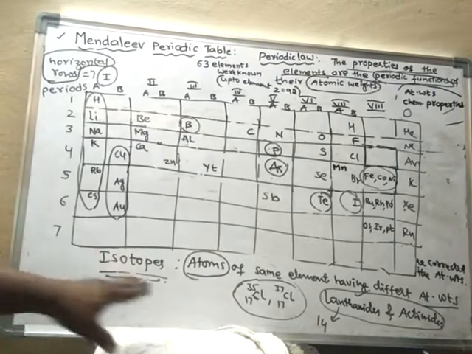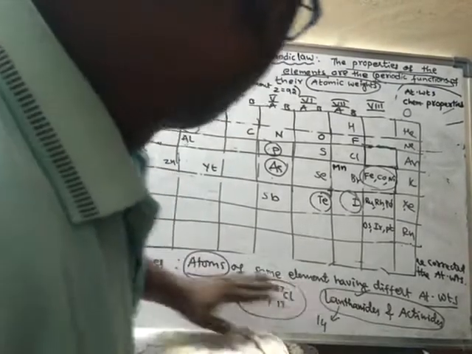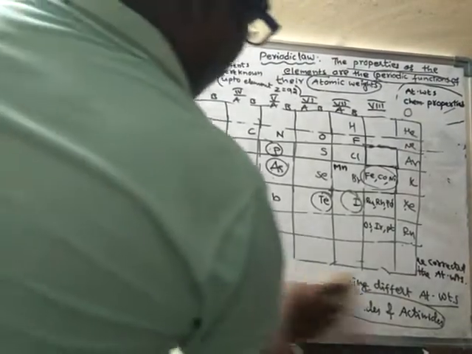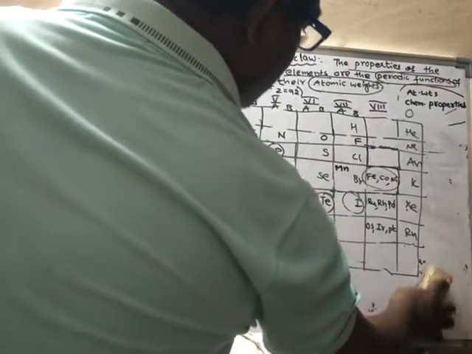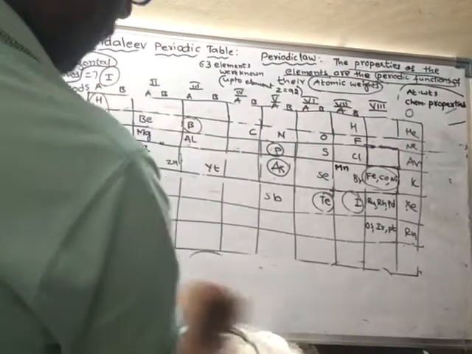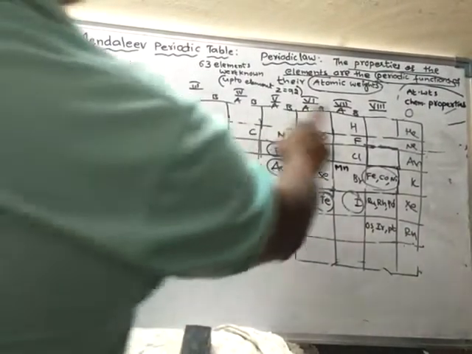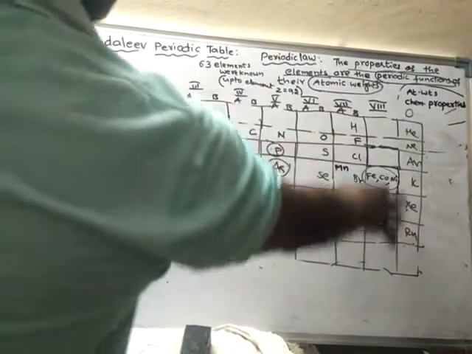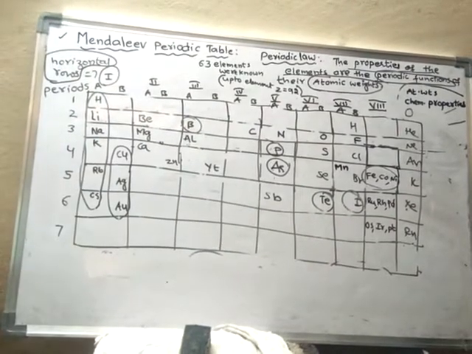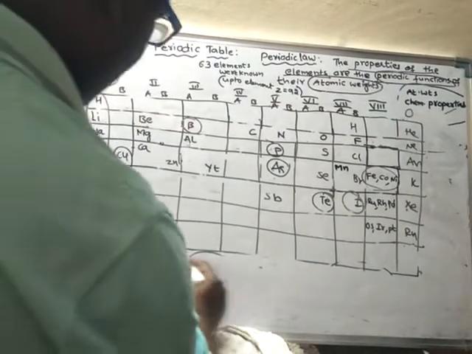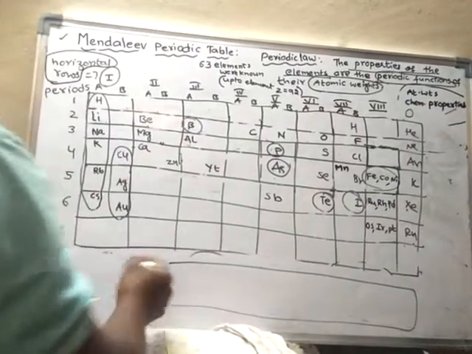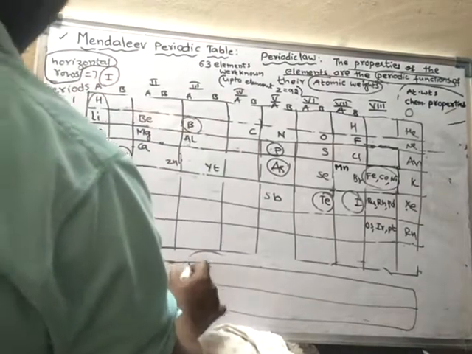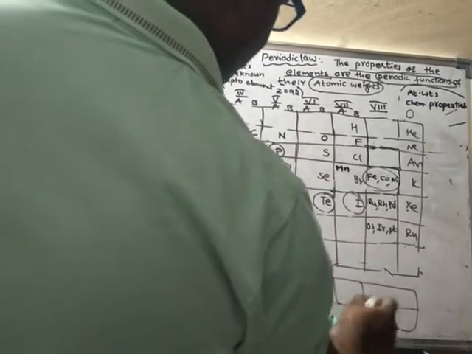In the modified periodic table, lanthanides and actinides were separated. Actually, in the original periodic table, lanthanides and actinides were included in the main block only. But in the modified periodic table, they were separated from the main body and placed below the periodic table.